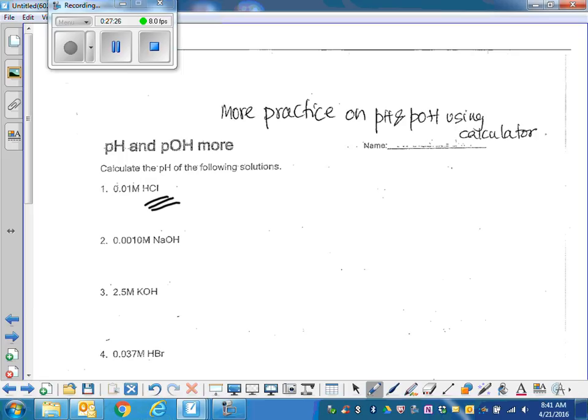Right? So, if you have to express or find its pH, all you do is, I'm rewriting this big so that I can show you how I'm moving the decimal. It's two places. I can rewrite this in scientific notation as 10 to the negative 2. Yes or no?